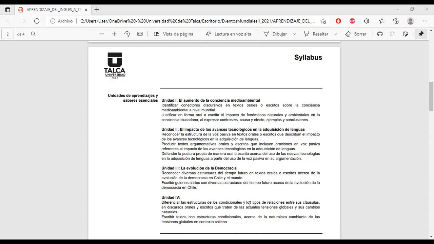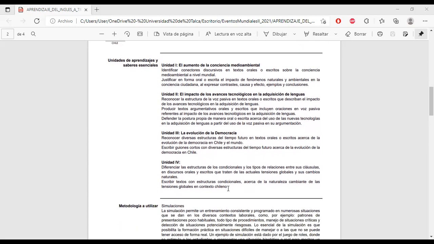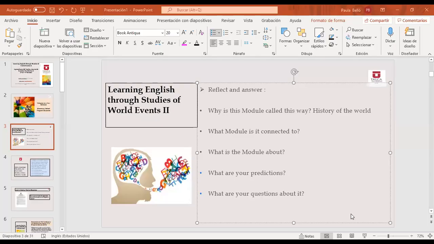And the final one is related to current events. Sorry, the name is not here, but it's referred to the tensions of current events happening today in the world. And there we can have an agreement on which topics you will be able to discuss.